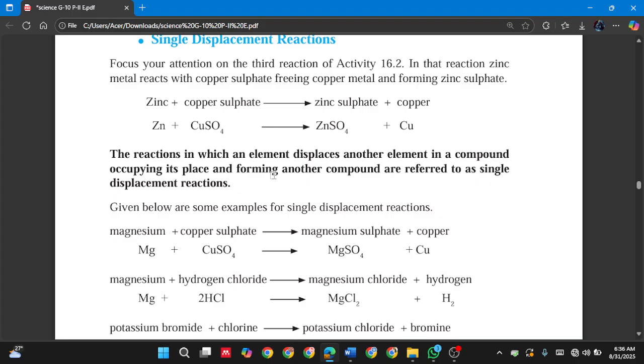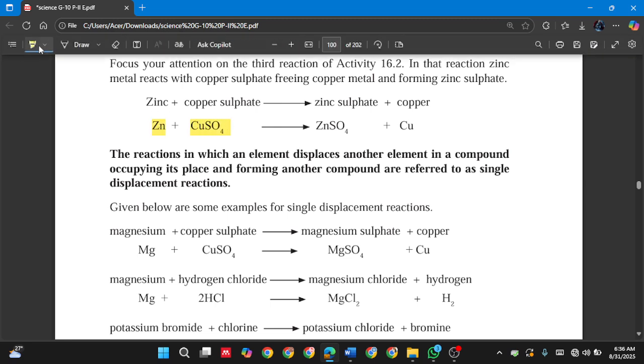In that reaction, zinc metal reacts with copper sulfate, freeing copper metal and forming zinc sulfate. The sentence is somewhat long, so just go through the equation, then you understand it. So zinc with copper sulfate. Zinc is like this and copper sulfate is like this, and finally what happened?